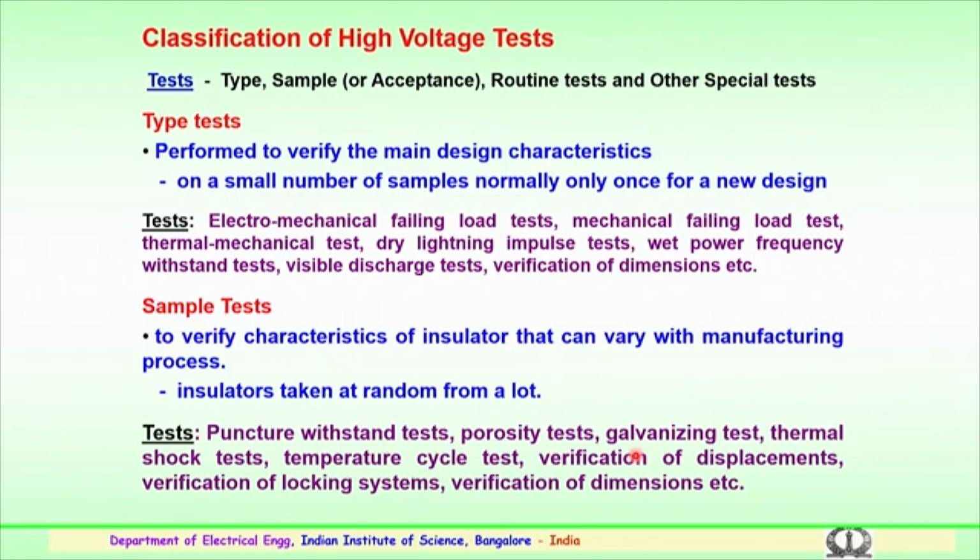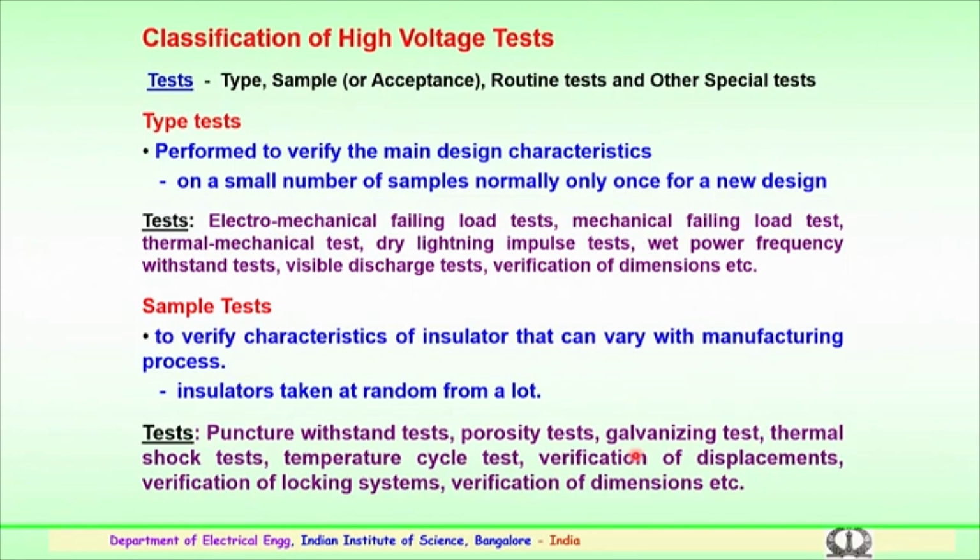So, the classification of high voltage tests is: the type tests, the sample or acceptance tests, the routine tests, and a few other special tests which are required for a particular equipment. These classified tests are performed to verify the design characteristics and also the withstand level.